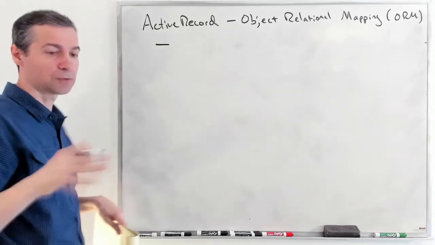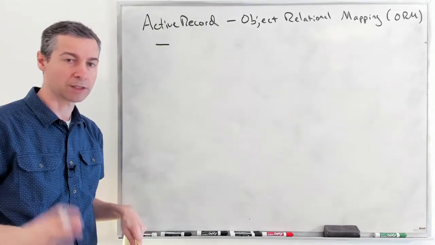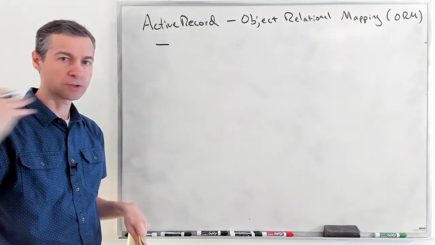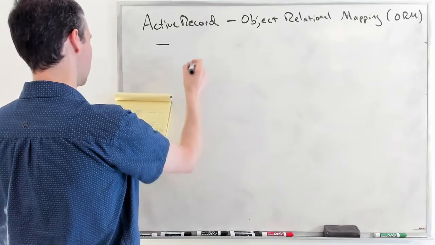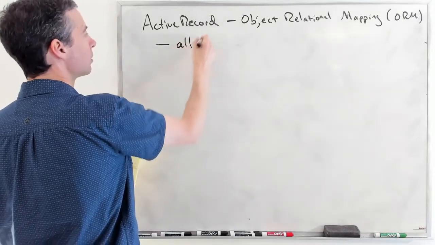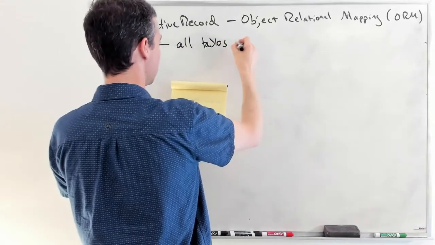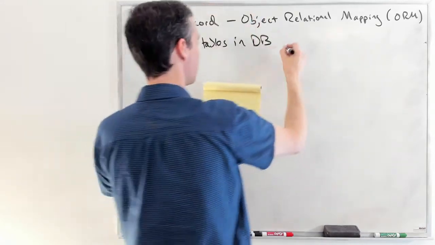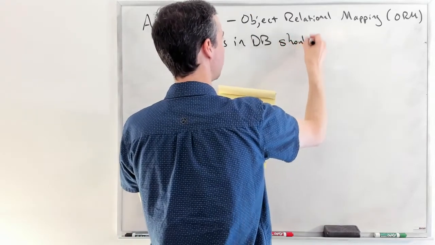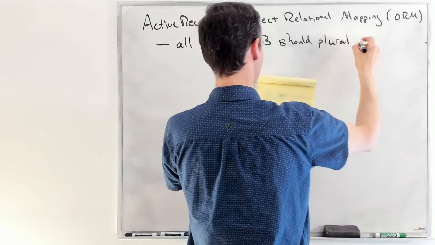Now, active record in Rails, though, has some rules about it that you need to know. Otherwise, your life is not going to go the way you want it to. All your tables that you make for the entities in the database, so the entity tables, should be plural. I mentioned this before, but now it really is an expectation that you do this.